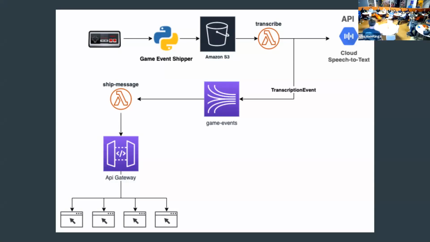So when my Python app detects you press that special combination, it records audio for 5 seconds. It sends it up to Amazon, puts it in an S3 bucket. That triggers a Lambda, which ships it off to the Google API. Google responds and sends the event through my event stream, and it comes down to the user interface and will update the interface.